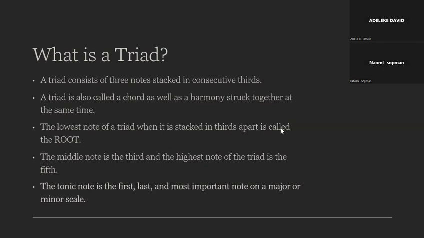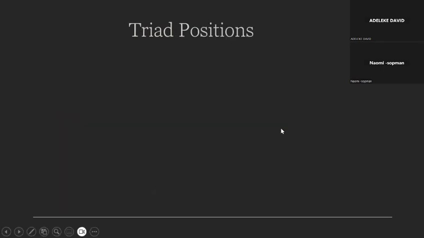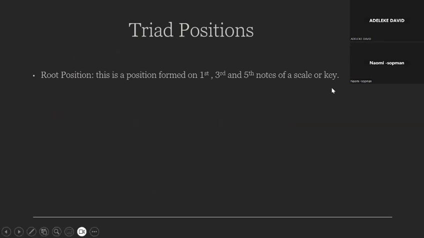As a continuation to that, now let's quickly look at the position in triads. Now, the root position is a position that is formed on the first, third, and fifth notes of a scale.